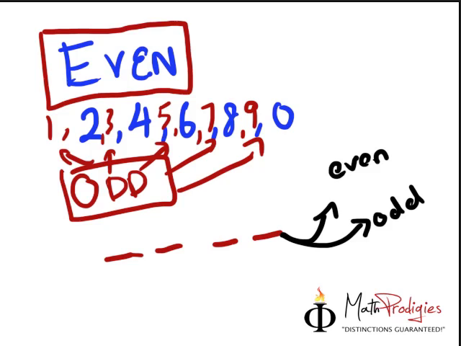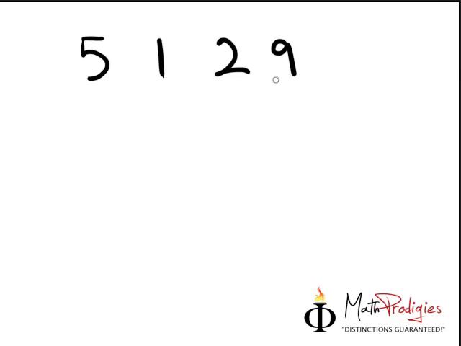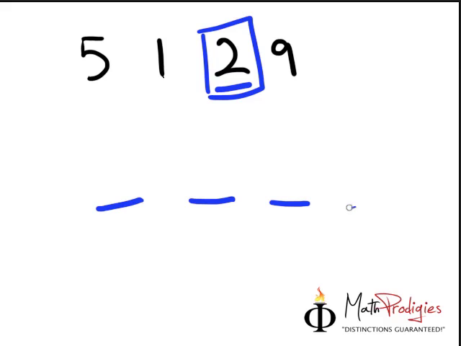So let's take a look at the digits 5, 1, 2, 9. Can you tell me which one is the even number? Is it 5? No. Is it 1? No. Is it 2? Yes. Is it 9? No. So the only even number you have here is 2, which means that out of the 4 digits, the last digit must be a 2 because we are looking for an even number.